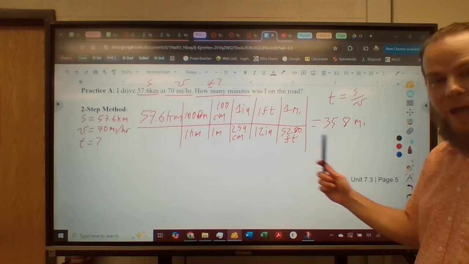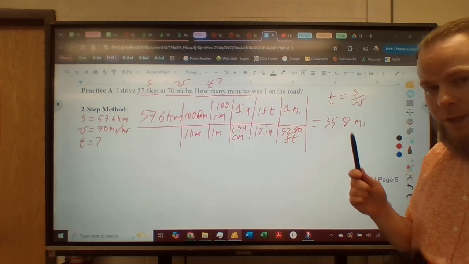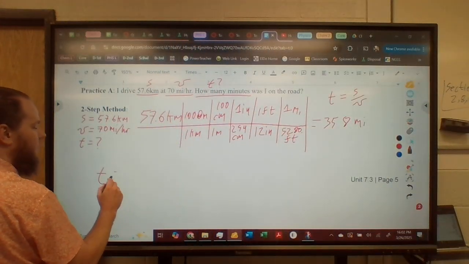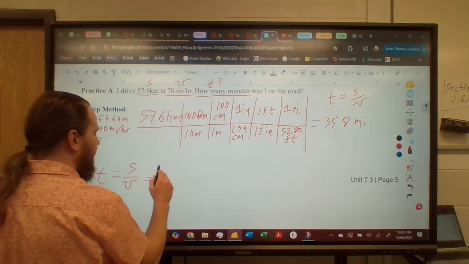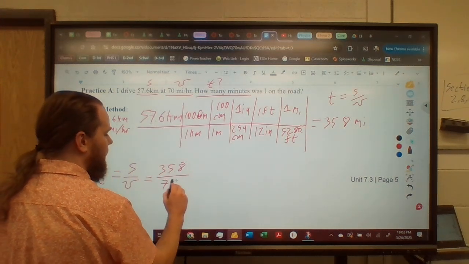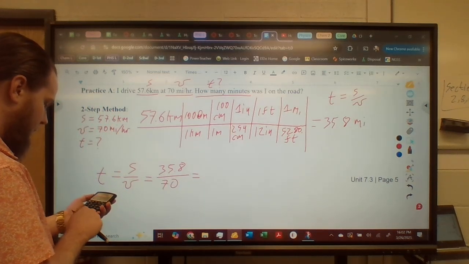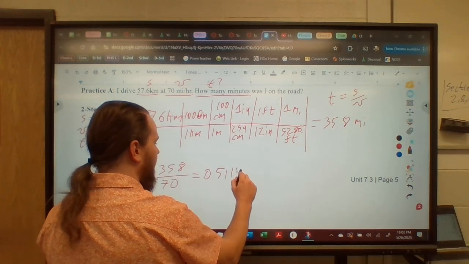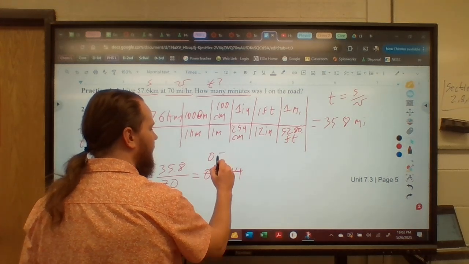Okay, so this is S. Now, the distance component for our S and our V are the same, so we can plug into this equation. So T is equal to S over V, or 35.8 divided by 70, which is going to give us 0.5114, or after sig figs, that would become 0.51.